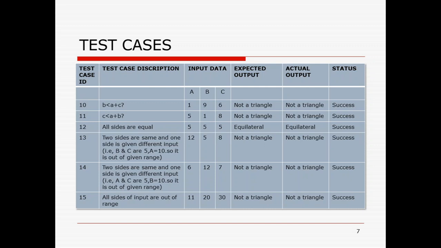So here 12 is out of range for one side, so not a triangle. Similarly here the B side 12 is out of range, not a triangle. And here all the values of the three sides are out of range, so not a triangle. So this is how the boundary value testing test cases should be checked.